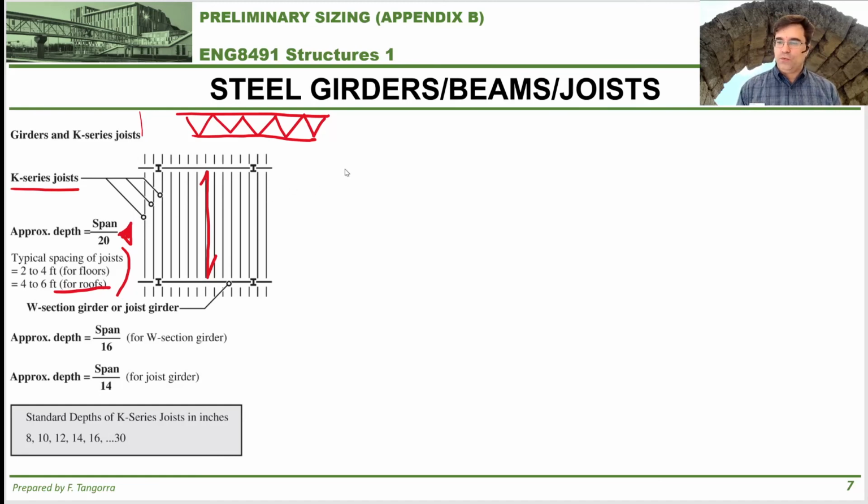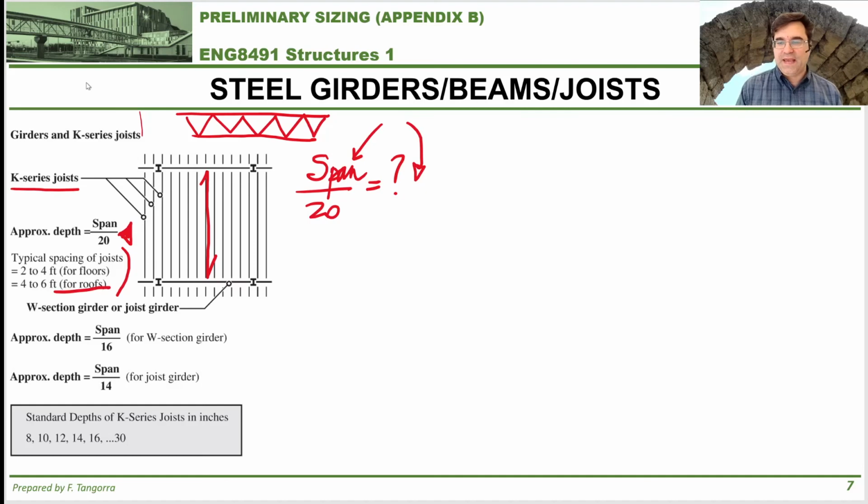Okay, so the rule of thumb, again, I'm going to reproduce it here, is span divided by 20. And as we found previously, whichever units we use for span are going to be the same units that we have for our answer.